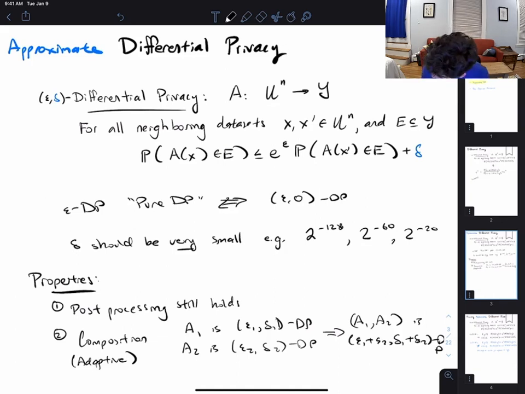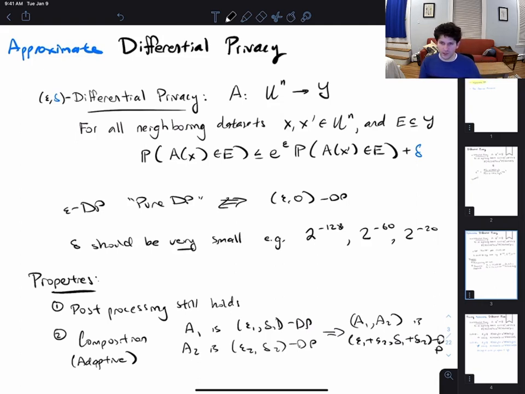But just looking ahead, epsilon delta differential privacy actually satisfies stronger composition bounds when we compose lots of epsilon delta differentially private algorithms. We can argue that the privacy parameters don't just add up, they grow slower than linearly in the individual parameters.